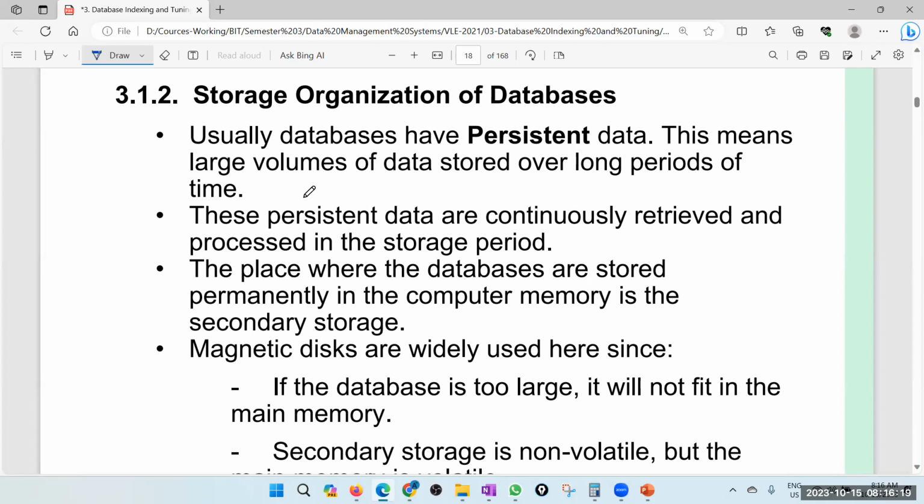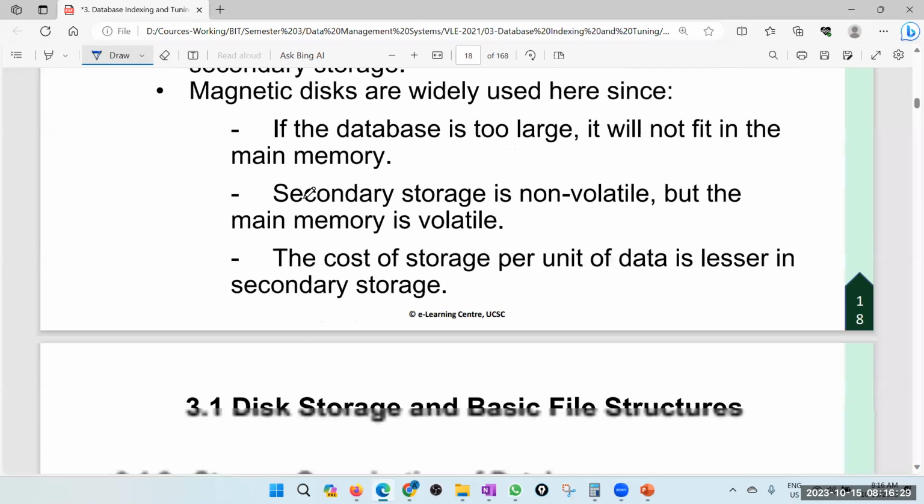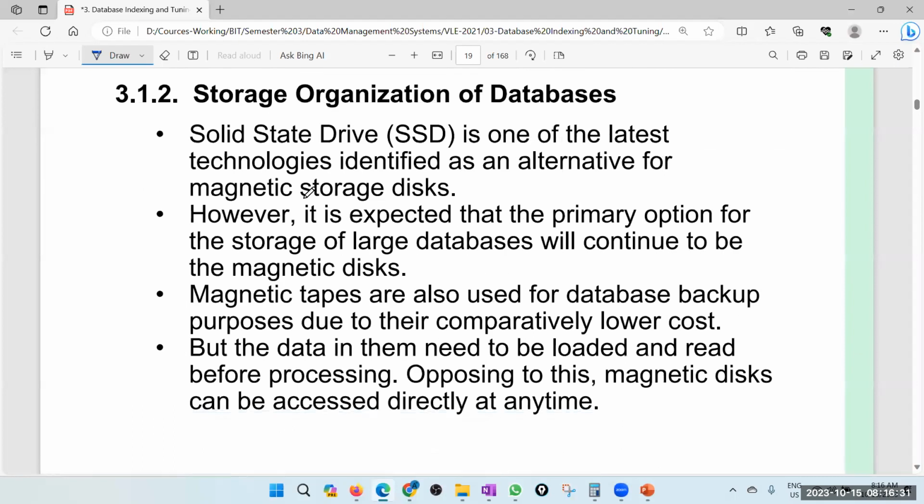And of course, we can persist in tertiary storage, but that is offline for backup. But we mainly persist in the secondary storage. I don't explain the additional things. Actually, too many details are given, but anyway, you can read it at least once.